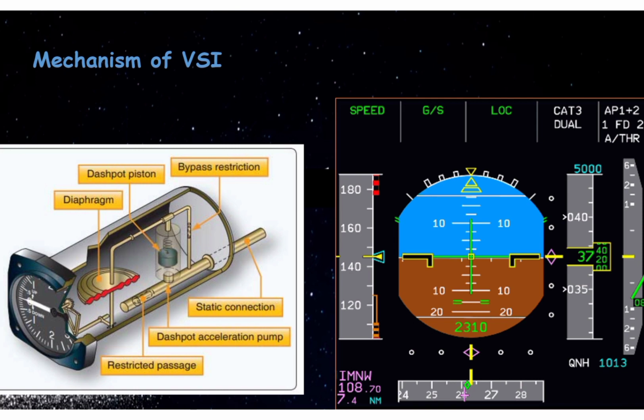We already mentioned the pitot tube, which is located at the front of the flight, on the wings. The area outside the diaphragm, inside the instrument case, is also connected to the static line, but with a restricted orifice to eliminate the calibration leak.